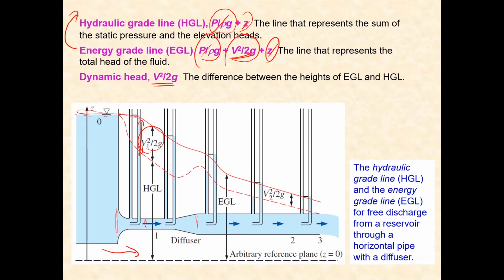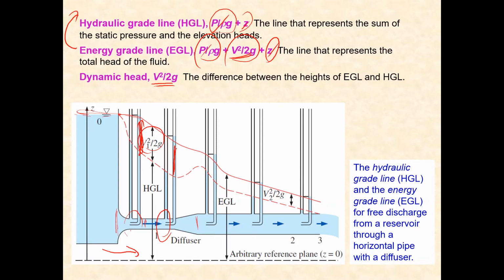This is the narrow part where the velocity is high and the gap is very big. The diameter of the second tube is the same, so you can see that the gap is the same. It remains unchanged because the velocity remains unchanged.